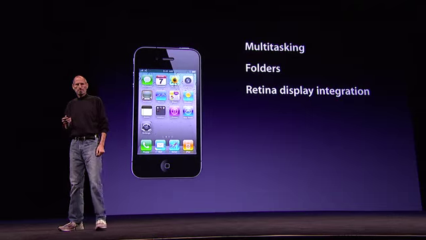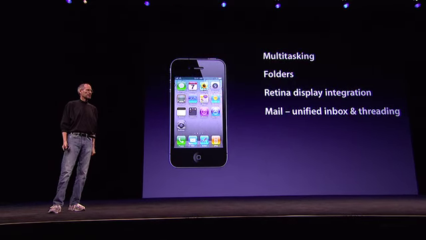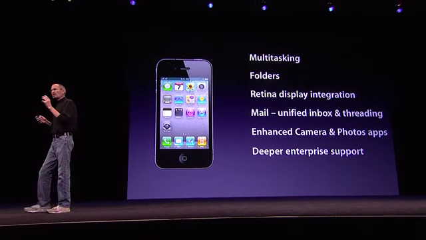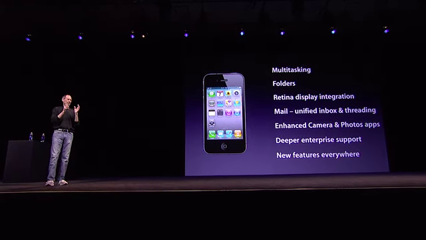Again, we've enhanced every app we ship on the iPhone to work perfectly with the Retina display, super high resolution artwork, etc., and put in all the work so that your apps automatically work beautifully with it as well, even if you don't update your artwork. Mail, a lot of new things in Mail, the biggest two being the unified inbox and threading. A lot of enhancements in the camera and the photo apps to take advantage of our whole new camera system. Much deeper enterprise integration, and just, again, tons of new features everywhere.